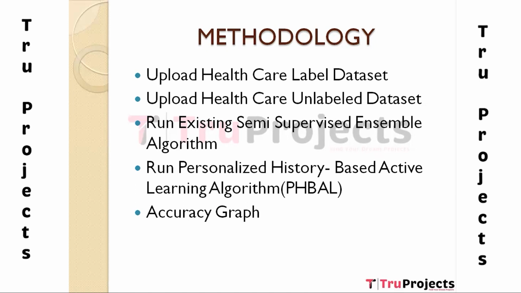So in this module we are going to build the PHBAL model, train and test it, and predict the accuracy of the personalized history based active learning algorithm. Then the last module, accuracy graph. In this module we are going to plot the graphical representation of the two algorithms used in this project.